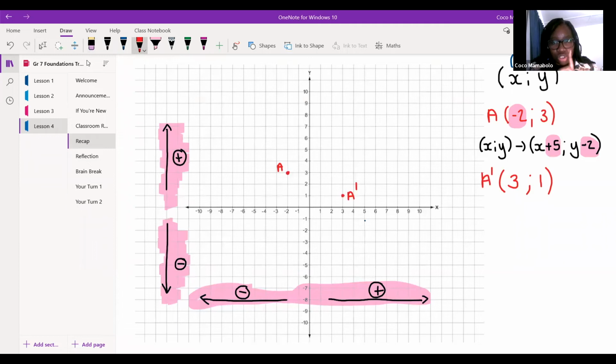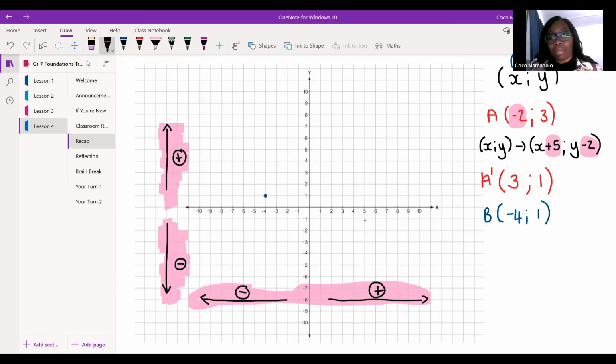Okay. Let's try another one. I feel like you guys are going to get it. Here's B at (-4, 1). My coordinates for B are (-4, 1).